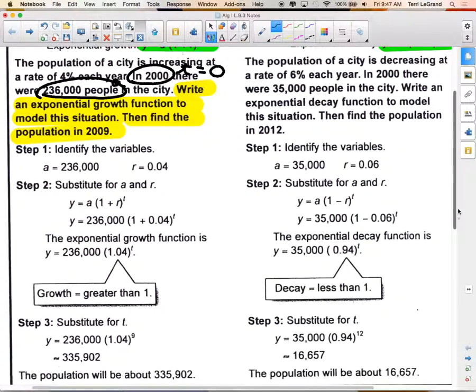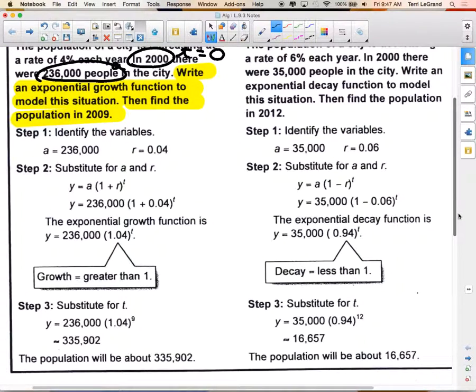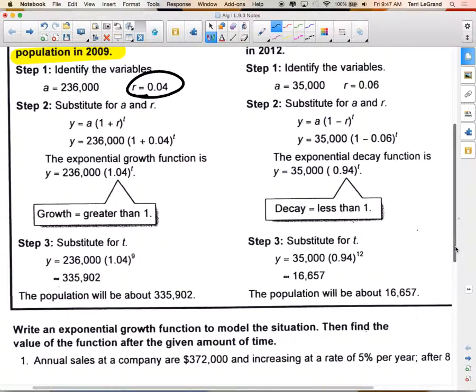And then since it's increasing at a rate of 4%, that means we need the growth one. And we need to change our R value to a decimal. So notice how right here, R is 0.04 to represent our 4%. So when we're doing the model, we have to use, first of all, the exponential growth model. We substitute our A value in.